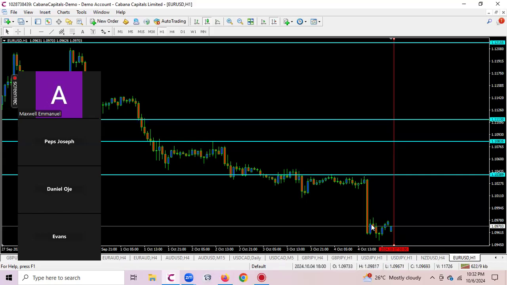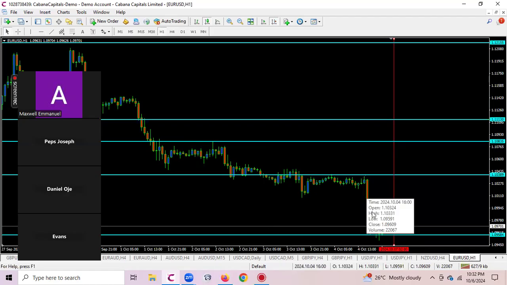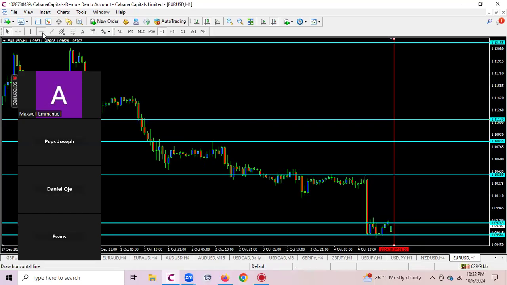As you can see, we have a resistance here. This high was used to clear the liquidity residing at this previous low. This was the high that was used to clear the liquidity residing at these equal lows. So it created a resistance. This is where I would be considering buying Euro USD.